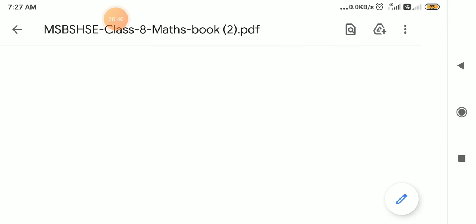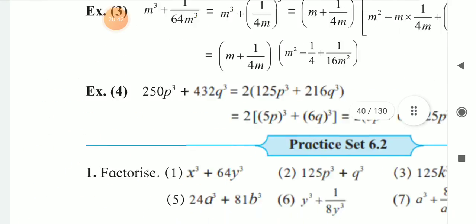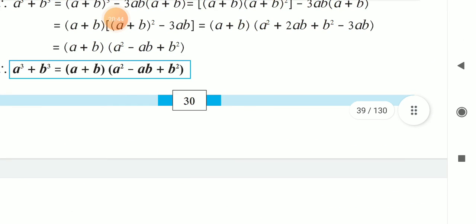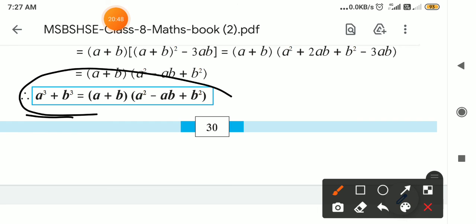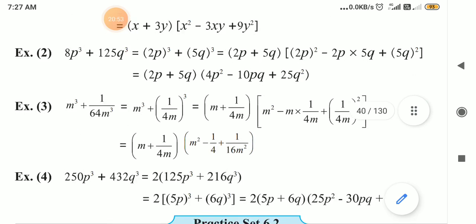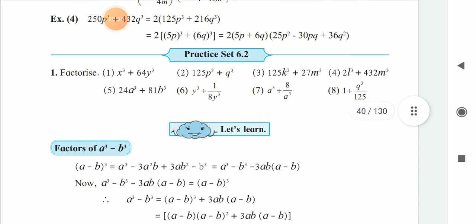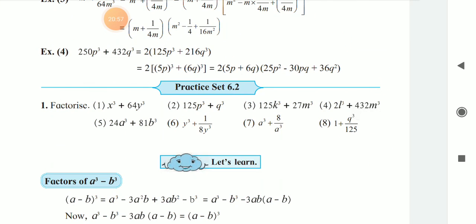So today we have completed the factorization of a cube plus b cube, and we solved examples by using that formula.